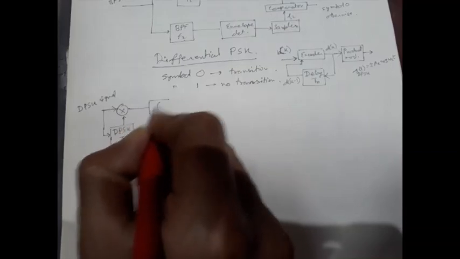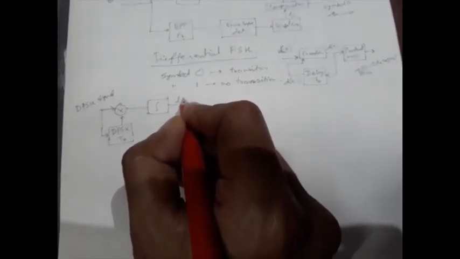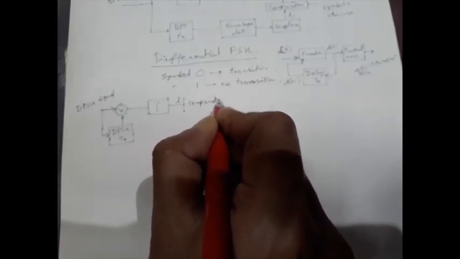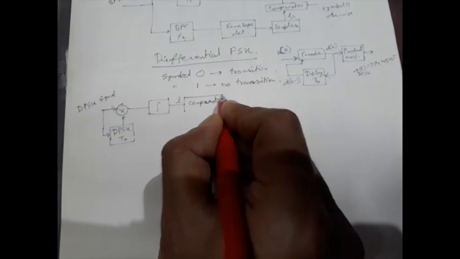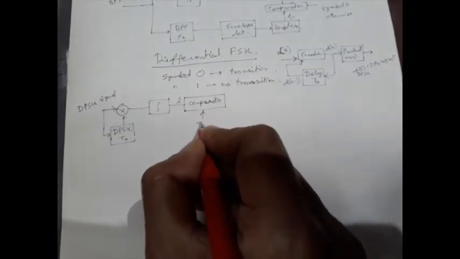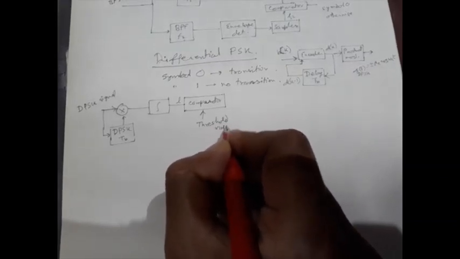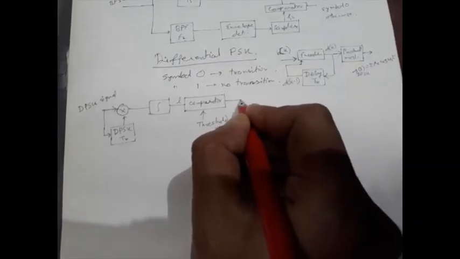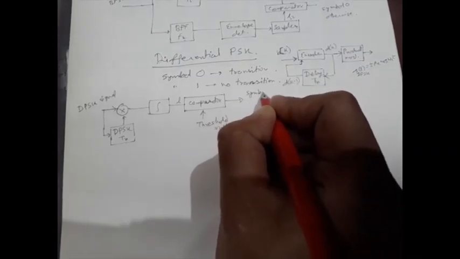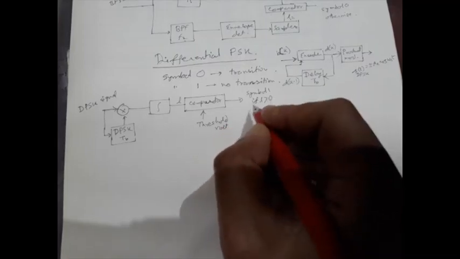Next we have an integrator whose output is L, and we have a comparator. The comparator will compare with some threshold voltage, and based on that we have symbol 1 if L is greater than 0.